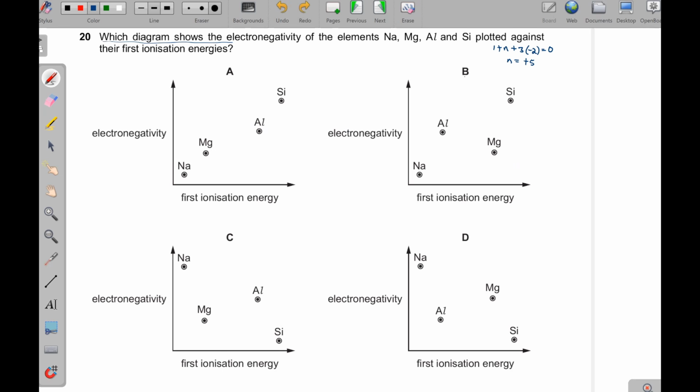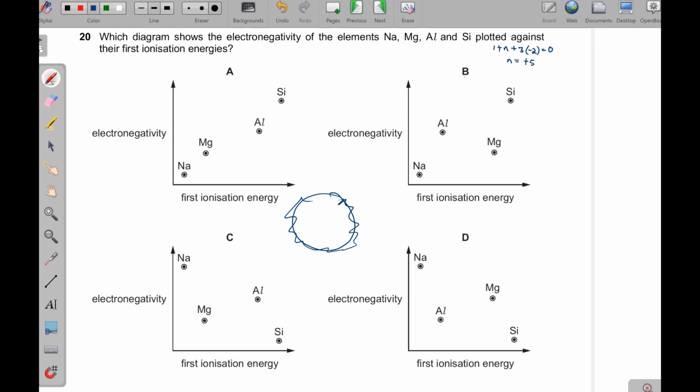Question 20. Which diagram shows the electronegativity of elements sodium, magnesium, aluminium, and silicon plotted against their first ionization energies? Now, when you look at first ionization energies of these period 3 elements, it has to be increasing generally, because you are adding electrons to the same shell as you go across the period.